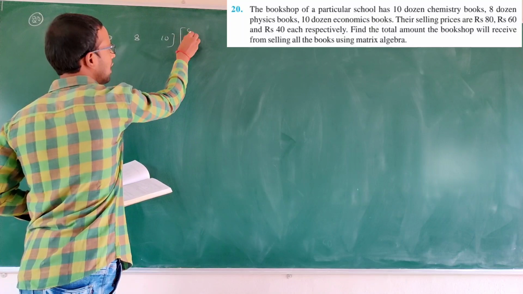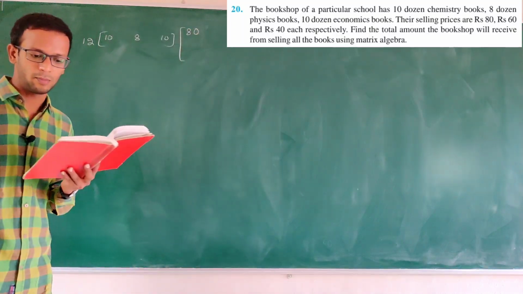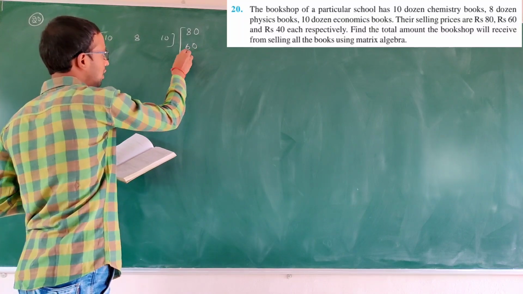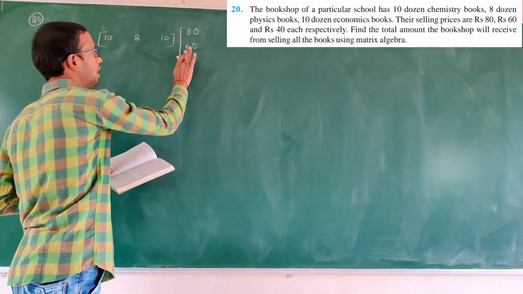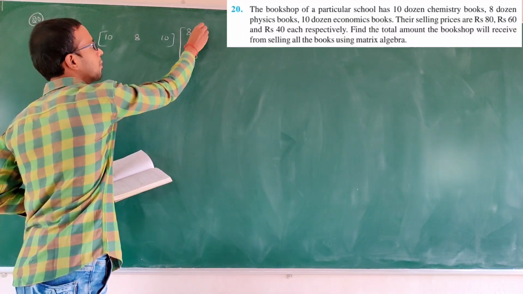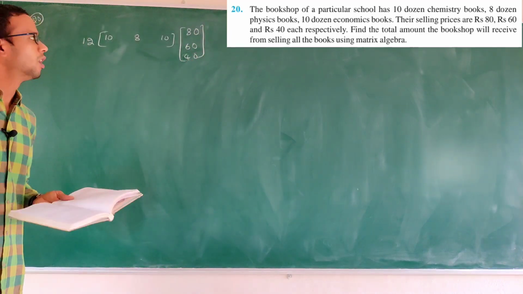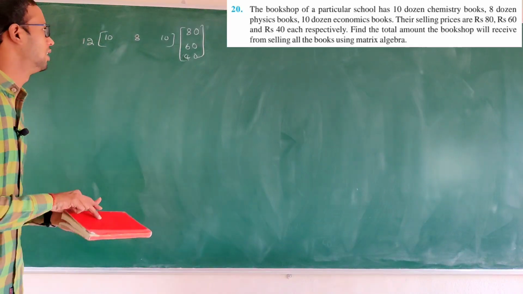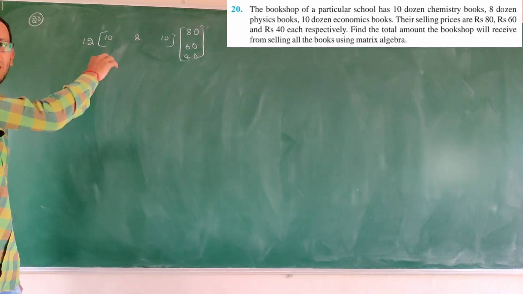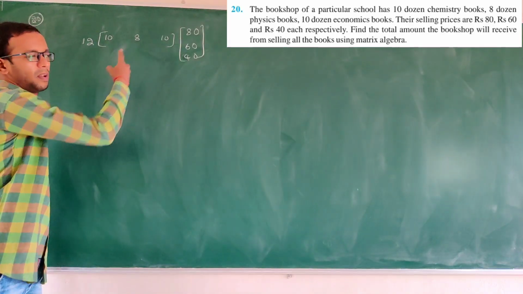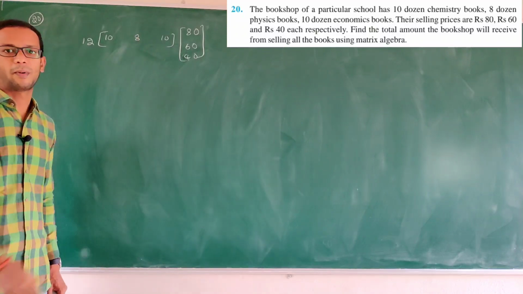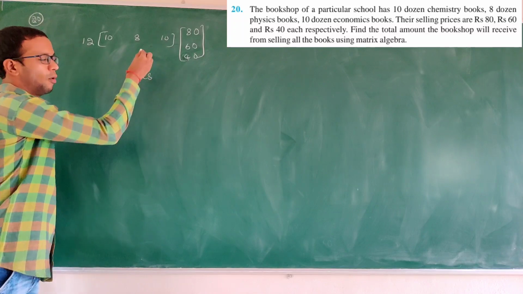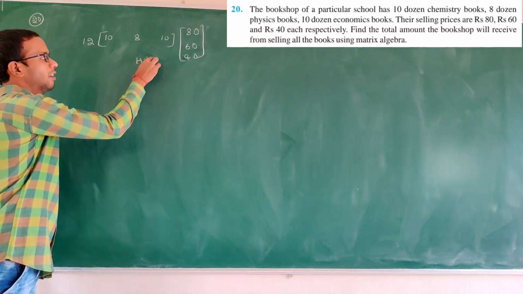Selling prices are 80 rupees for chemistry books, 60 rupees for physics books, and 40 rupees for economics books. So just how much cost is asked. So just multiply by 12, and row by column operations you have to make. You will get the total amount. So this one take as a homework.